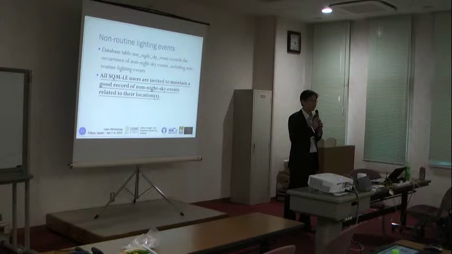Log in to the database and type in the timing and the nature of the event, and it's finished. Then this list of long-run lighting events can be seen by each other. So if you are working on the light curve of another location, you should check the occurrence of long-run lighting events before analysis. I will show you tomorrow how to input the record into the database.